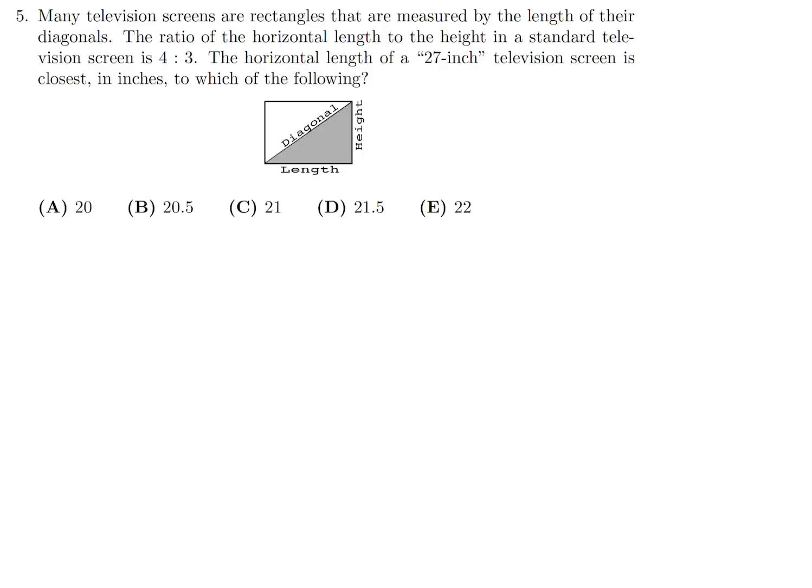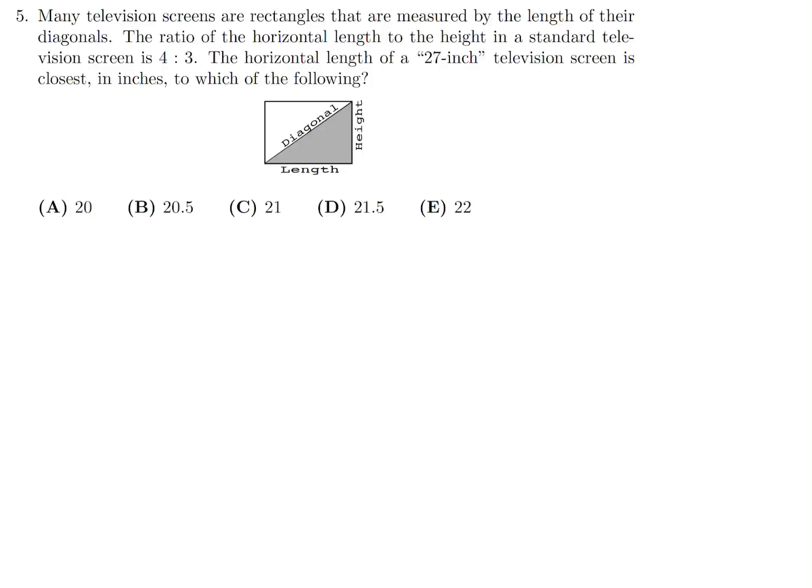Many television screens are rectangles that are measured by the length of their diagonals. The ratio of the horizontal length to the height in a standard television screen is 4:3. The horizontal length of a 27-inch television screen is closest in inches to which of the following?